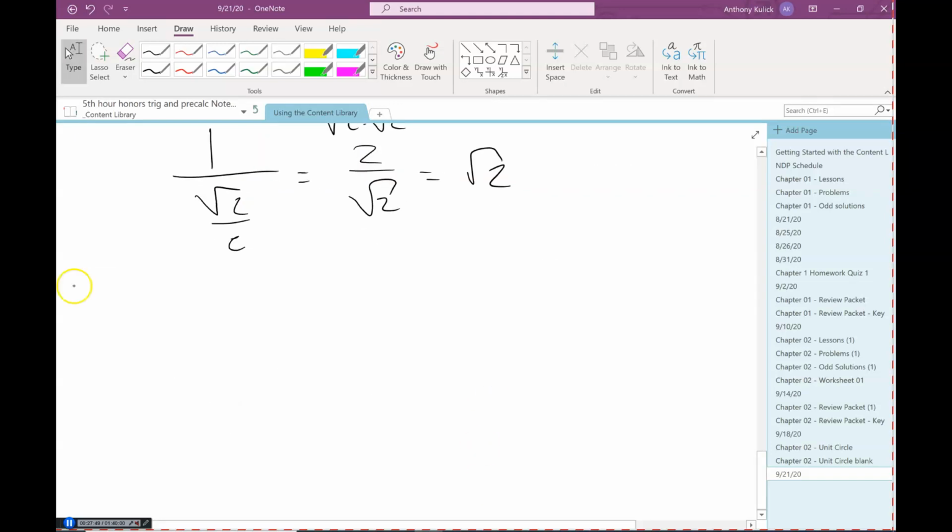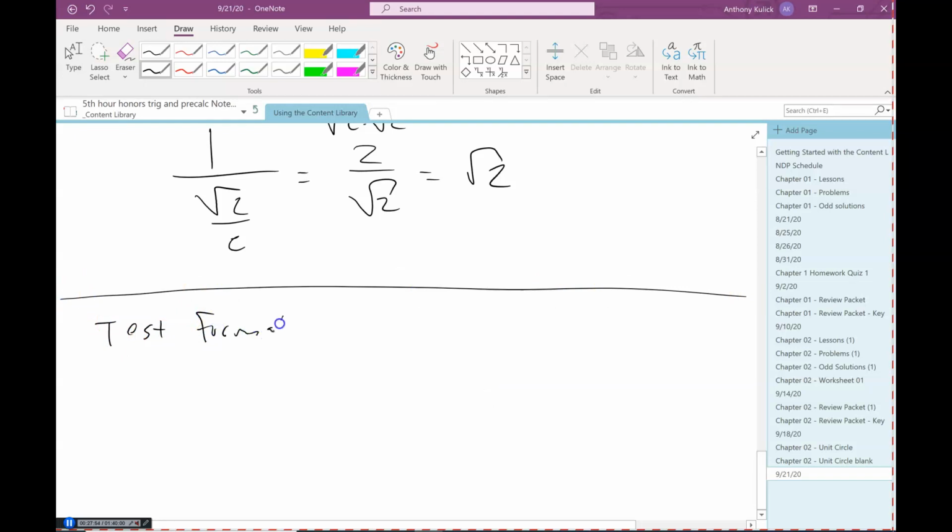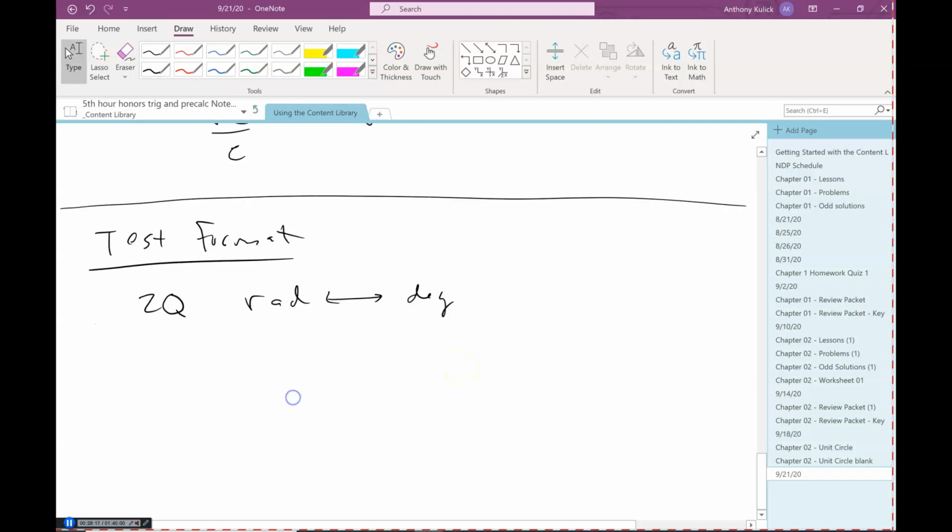Mm-hmm. Let's talk real quick test format before I go. All right. So we have 2 questions where we ask you to convert between radians and degrees. Am I going to give you the conversion factor on how to do that? No. That's something that you should have memorized.